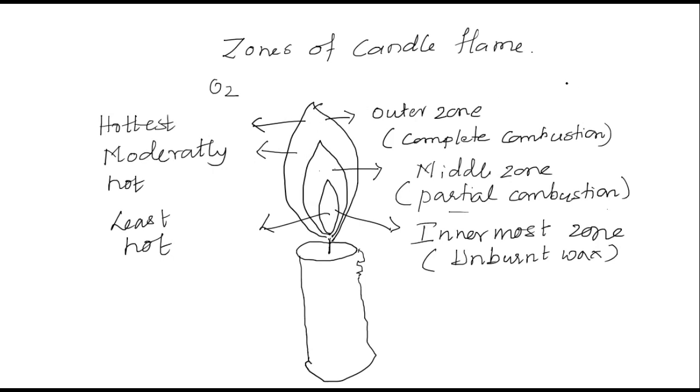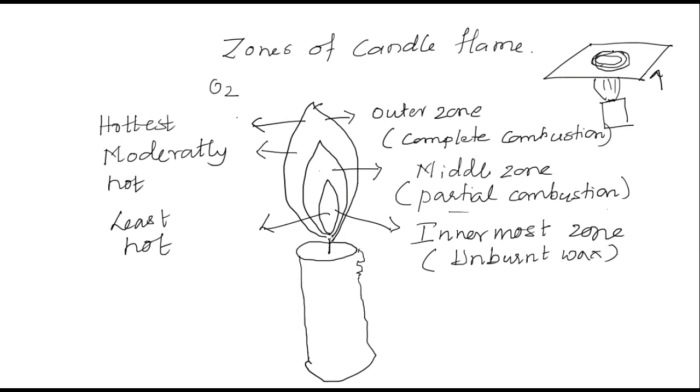You can very easily test it. You can take a paper or a metal sheet and keep it over the flame like this, and then you will find on the bottom side carbon rings which are formed.